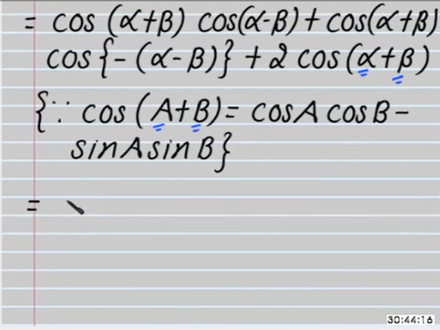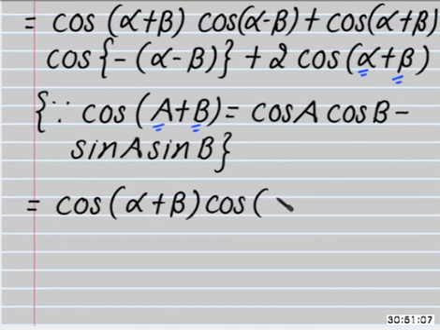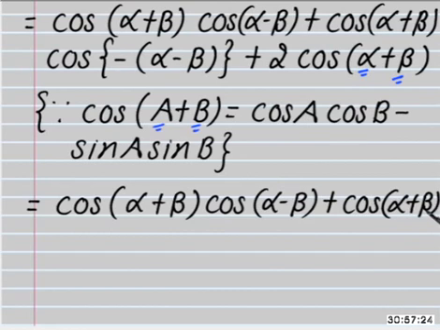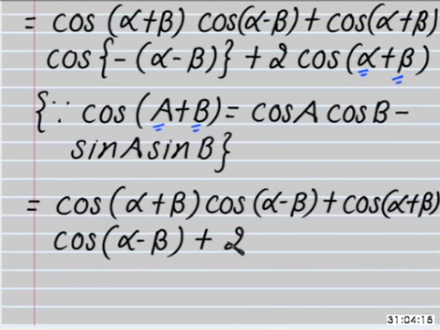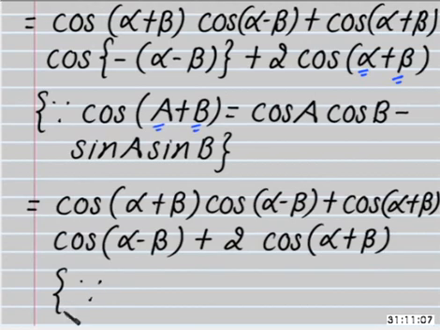Further it is equal to cos of alpha plus beta into cos of alpha minus beta plus cos of alpha plus beta into cos of alpha minus beta plus 2 into cos of alpha plus beta, because we know that cos of minus theta is equal to cos theta.